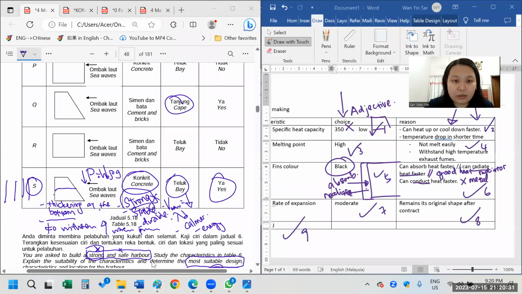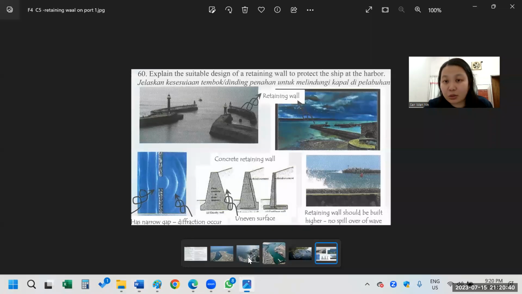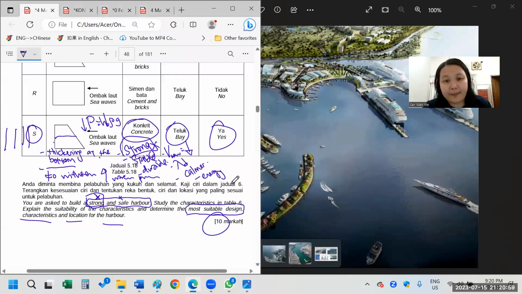Okay, so now this one is to allow more ships to enter at one time. Because if you only have one opening, I think only one ship can go in at one time. So can allow more ships enter at one time.